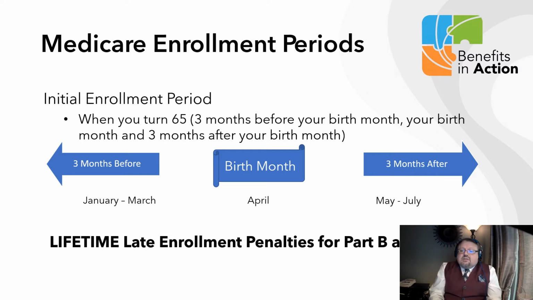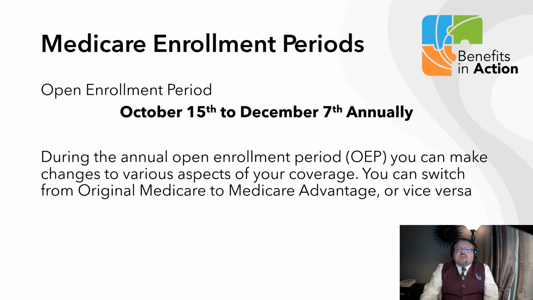It is important to sign up for all parts of Medicare when you are first eligible to do so, because late enrollment penalties are lifetime penalties. They never go away. So signing up for Medicare as soon as you are eligible for whatever parts you want is essential in order to avoid those late enrollment penalties that will last your entire lifetime.